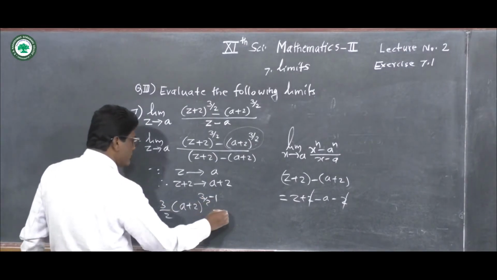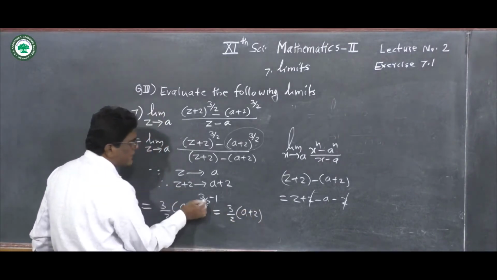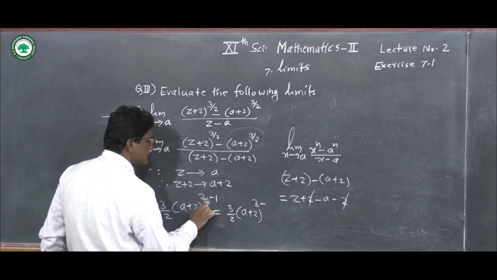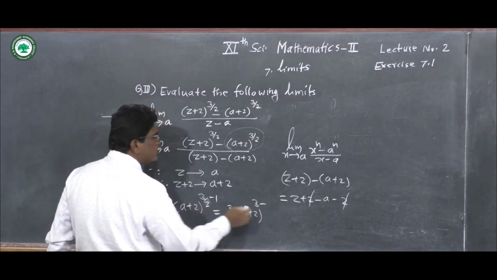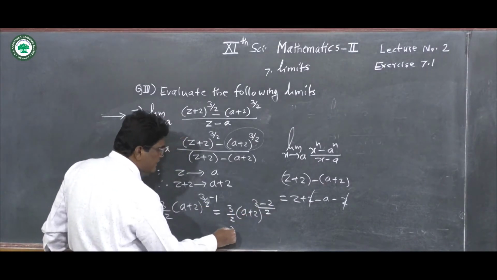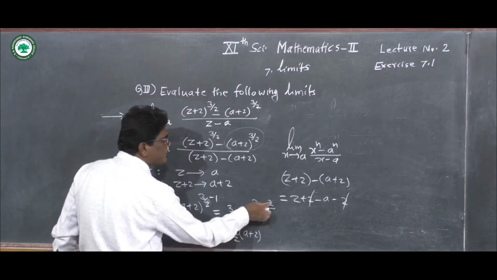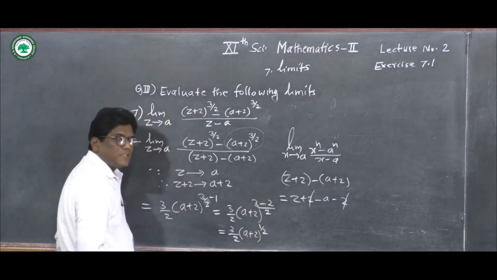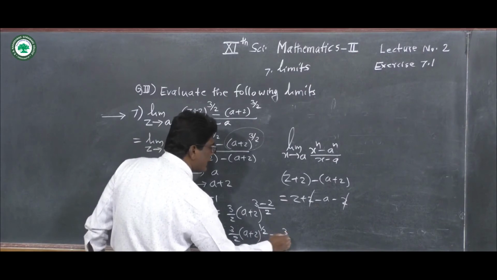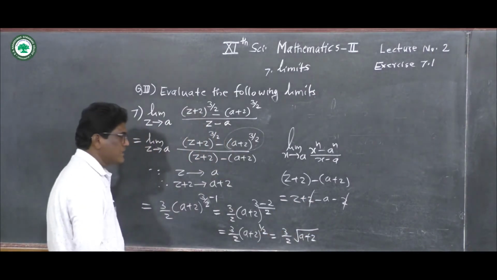So it is equal to 3 by 2 into a plus 2 to the power (3 minus 2) by 2. So the final answer is 3 by 2 into a plus 2 to the power 1/2, and power 1/2 means square root. So it is equal to 3 upon 2 into the square root of a plus 2. This is the final solution.